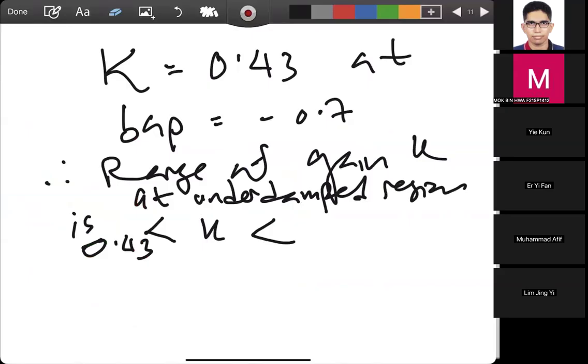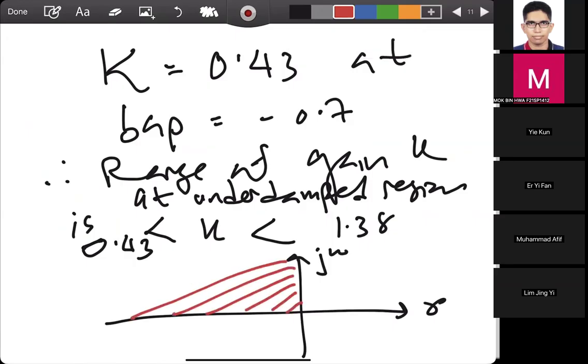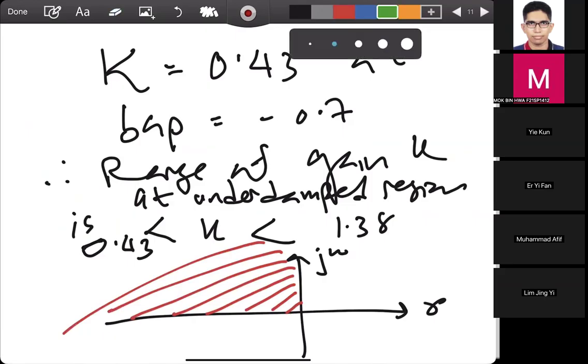Right. So this one is the underdamped region.